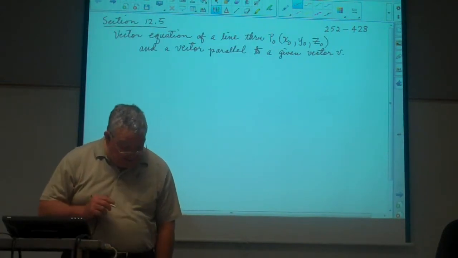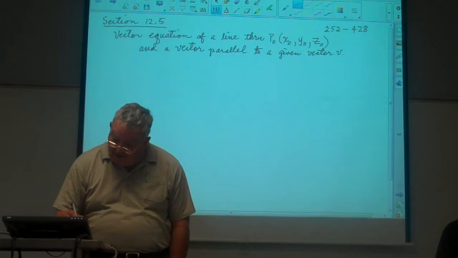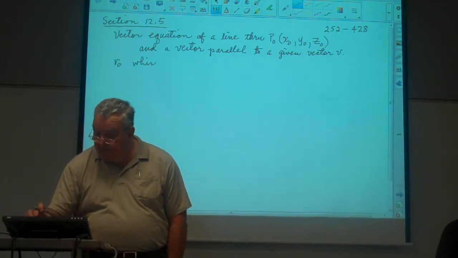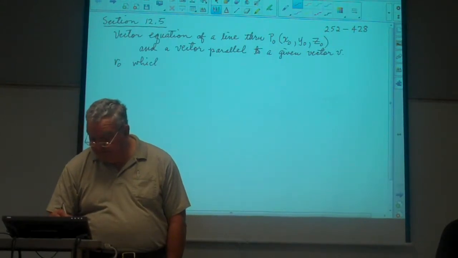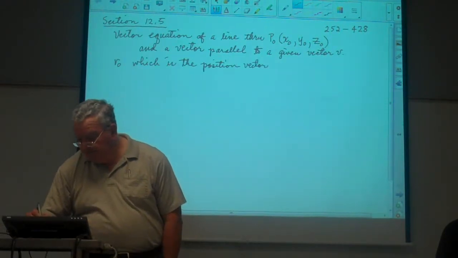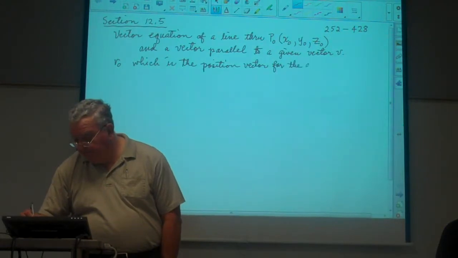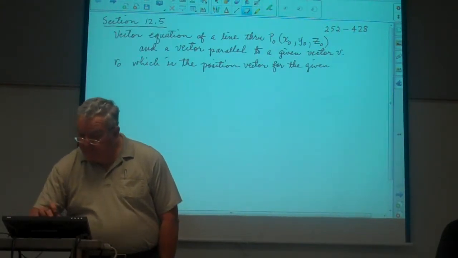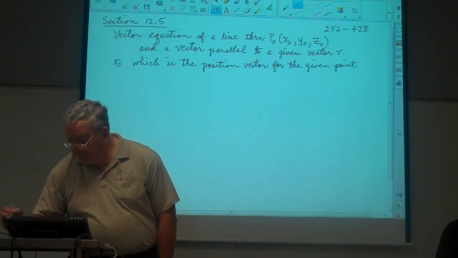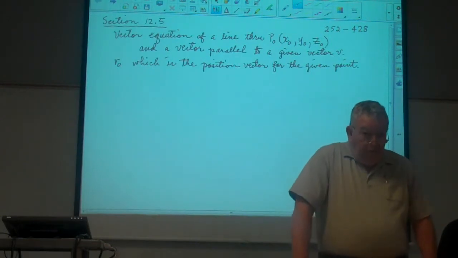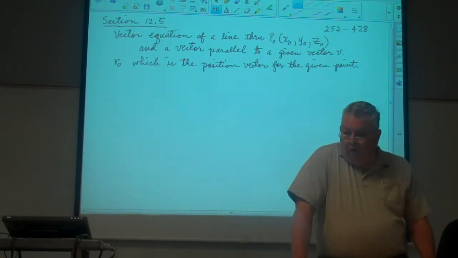So what we do is we define a vector R naught, which is the position vector for the given point.